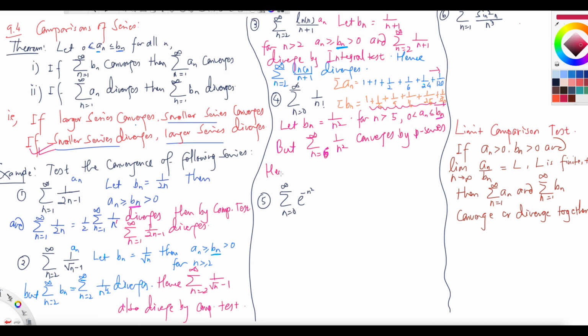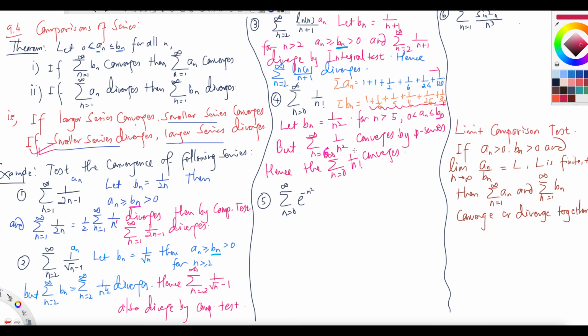Hence the smaller series, n equals 0 to infinity of 1 over n factorial, also converges, because the bigger series converges. Okay, so this was a little bit tricky, but if you think carefully, you should be able to do this. That was example number 4.